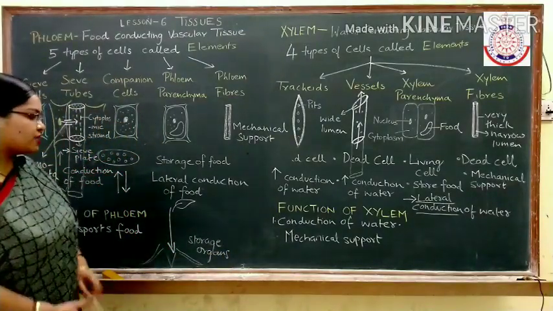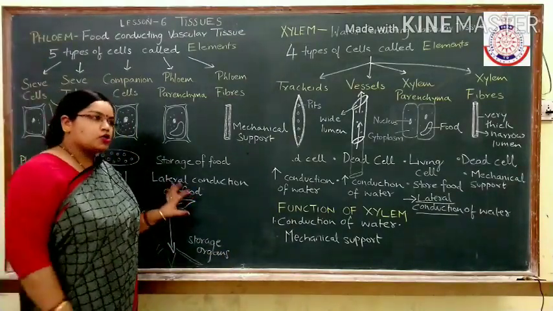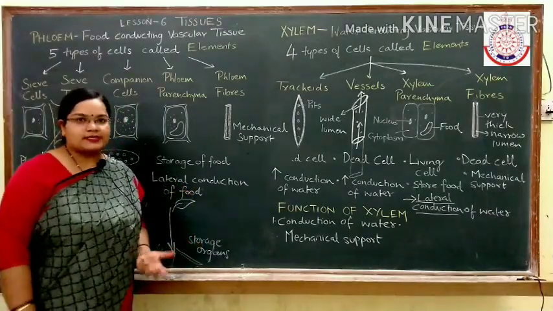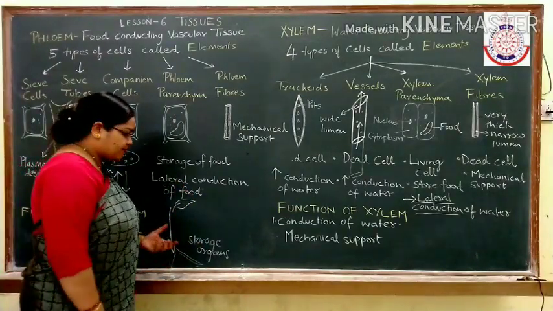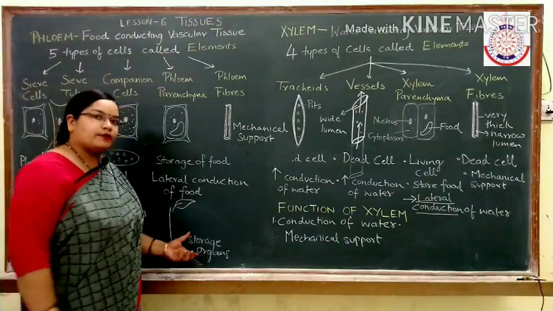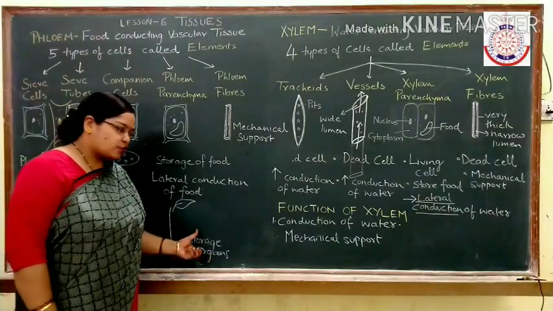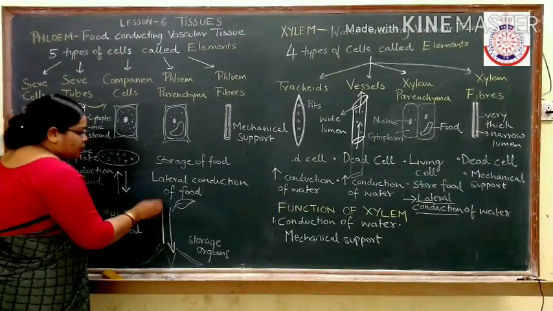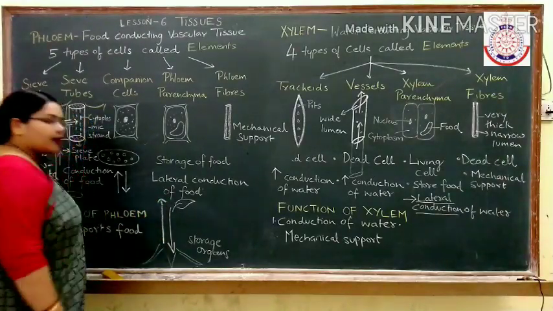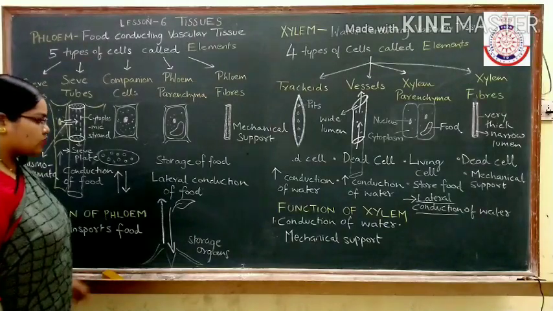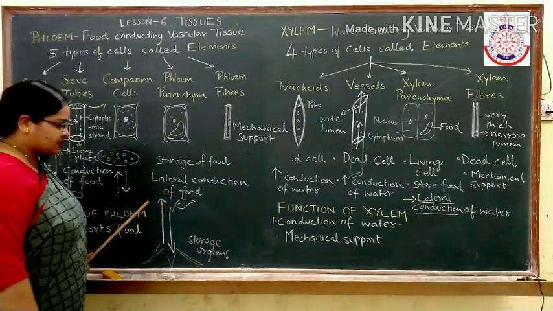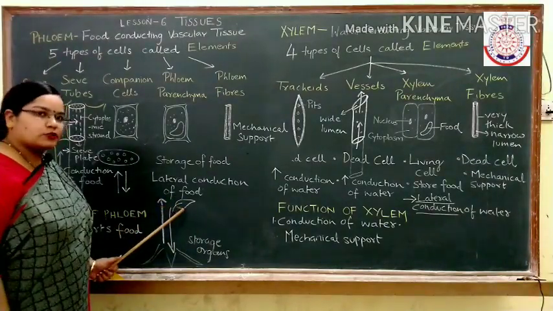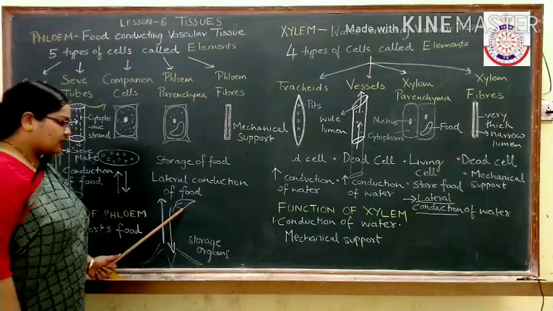During adverse conditions, leaves are not there. So, how will the plant stay alive? At that time, the plant will take out the food which is already stored in the storage organ. And this food is transported to each and every part of the plant. That's why after some time, new leaves arise and again photosynthesis will be done by the leaves.